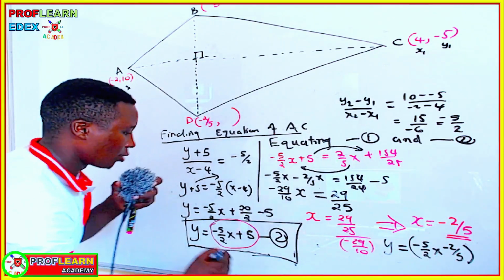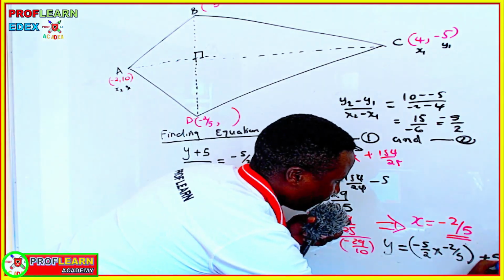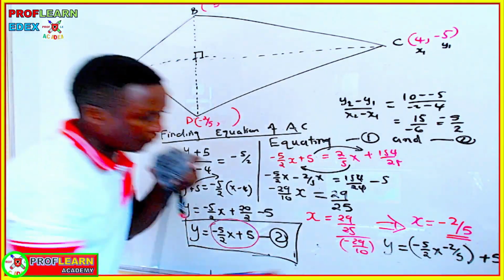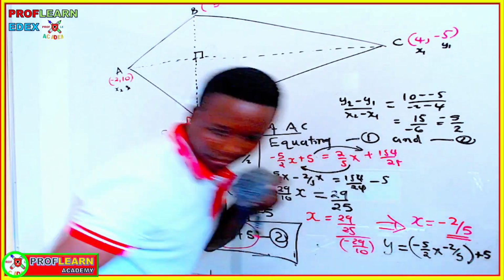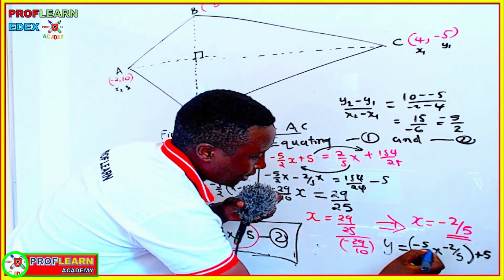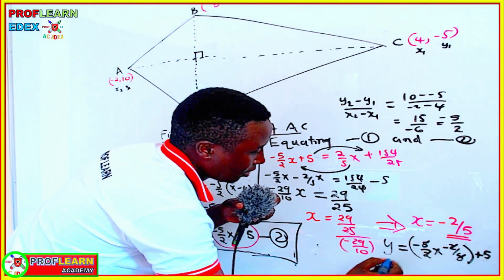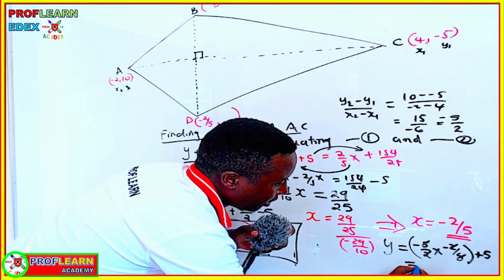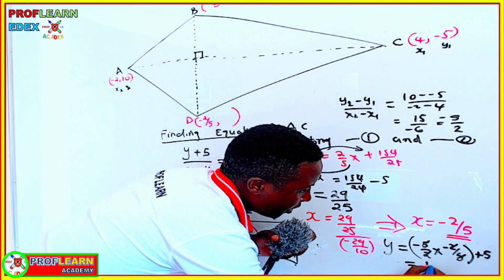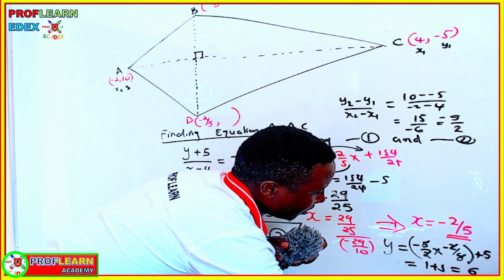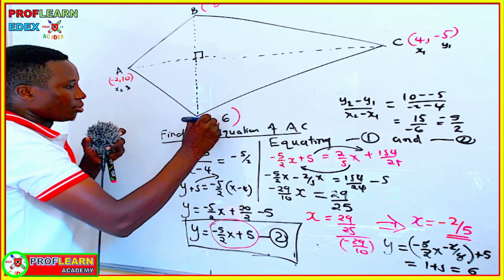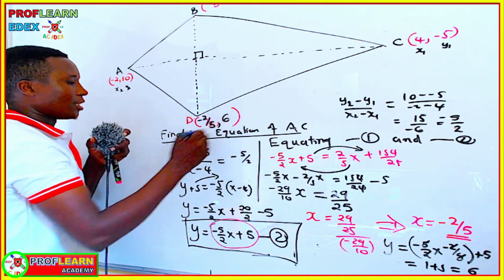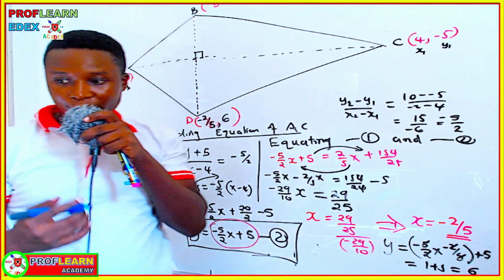Then we are going to add plus 5 here, so that this and this will cancel out, this will be positive 1, and the final answer becomes 1 plus 5, which is going to be 6. So this point here is negative 2 over 5, 6 as the coordinate for this particular point.